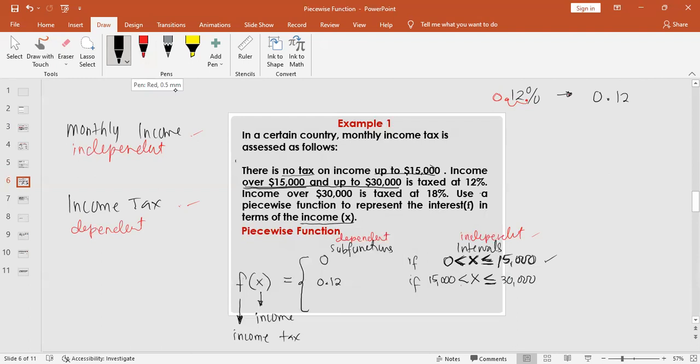Sa first intervals natin, we always position our symbols like this talaga. Hindi natin ginagawa ito, let's say 20,000. Hindi natin ginagawa to, class. Lagi talaga siyang naka-open sa right. Okay? So, wag ma-confuse.